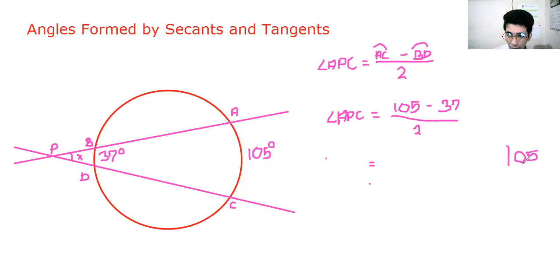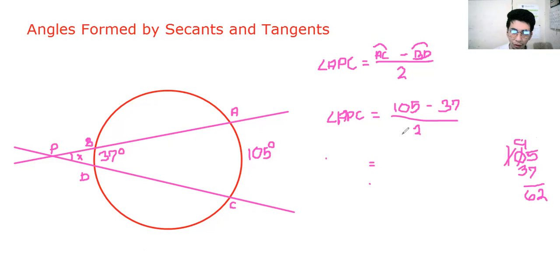Mano-mano pa ako. Ito pala, sorry. So, 9 minus 3, that is 6.